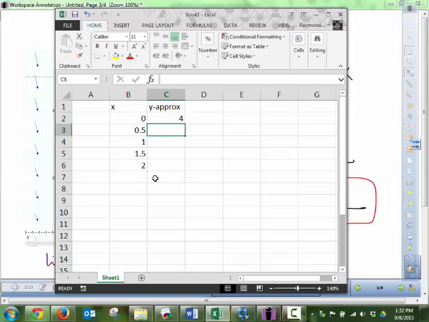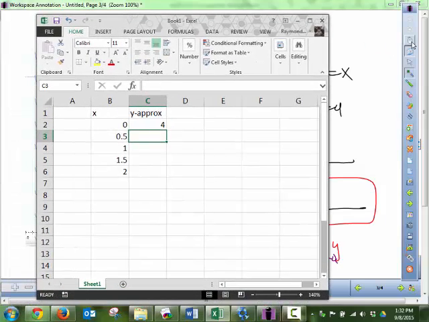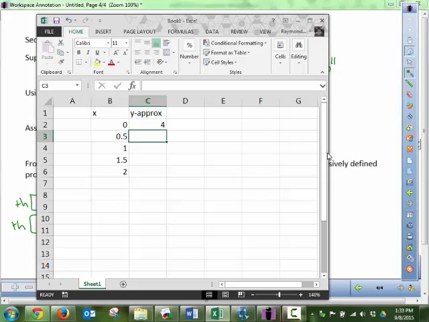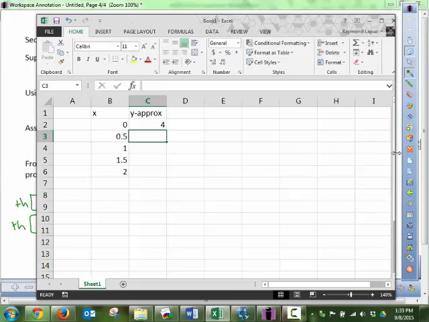To get to my next step, let's take a look at that formula again. I need the previous y value times h, which is our step size, times the function evaluated at this. Let's try to remember our function again.